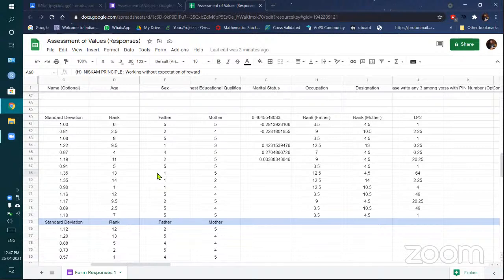Then you have to study the outlier if there is any outlier, and other things. You have to explore all of them.